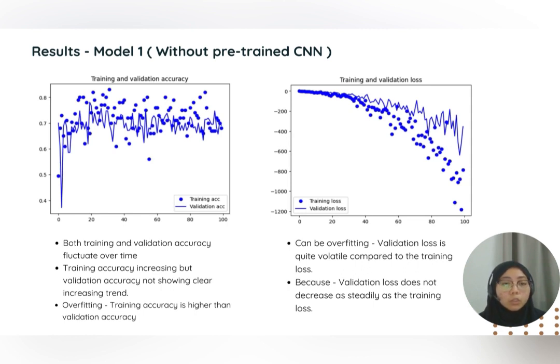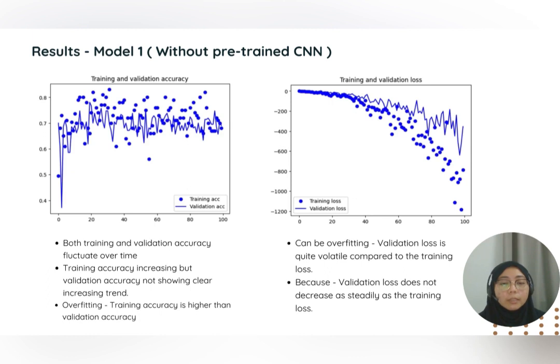Basically, both training and validation accuracy fluctuate over time. We can see from the graph that the training accuracy starts just above 0.5 and then quickly increases, reaching around 0.7 with some fluctuations.